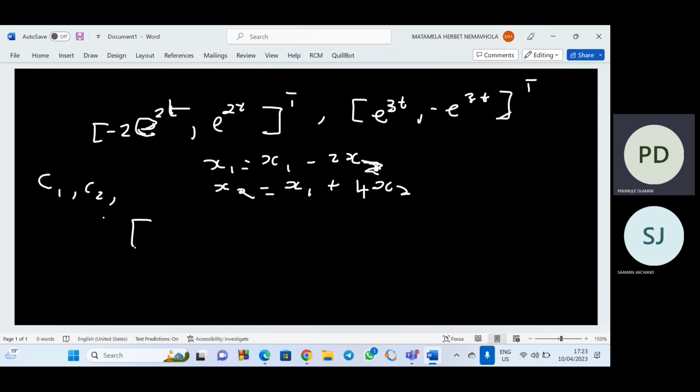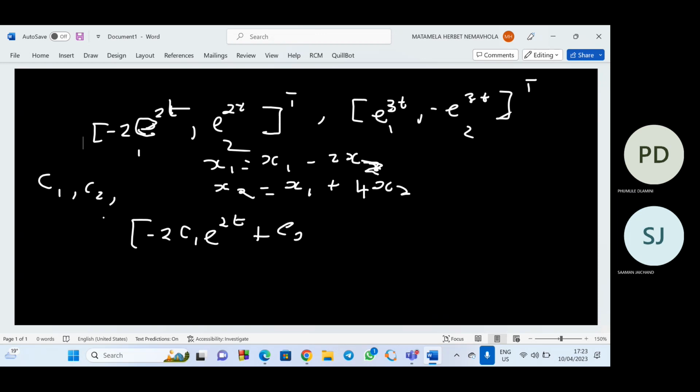So the first solution gives us -2 C1 e^{2t}, plus C2 e^{3t}.